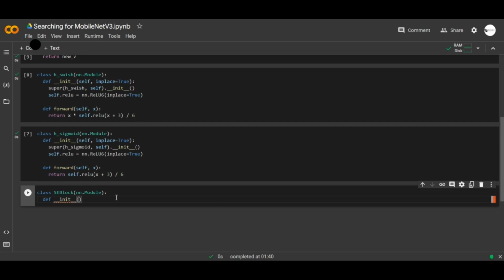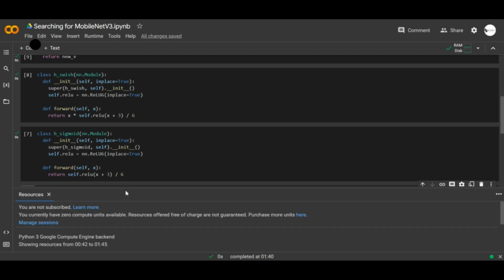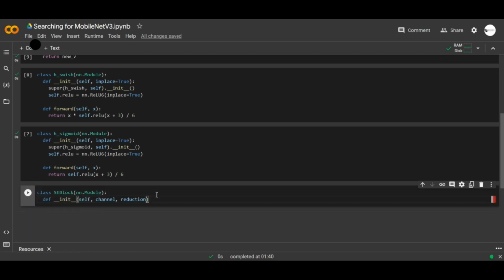We're going to take in the self, then the channel, then reduction. So you still remember when I told you about that R, we had C divided by R. So let me write it as R instead of reduction. It's going to be 4, so that you remember all the things that I said, right? I try to be as close as possible.